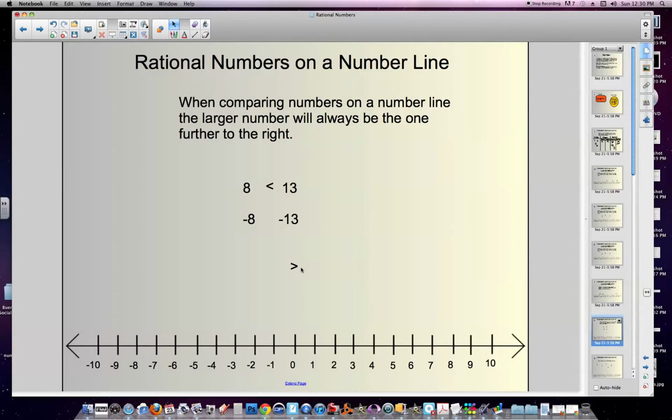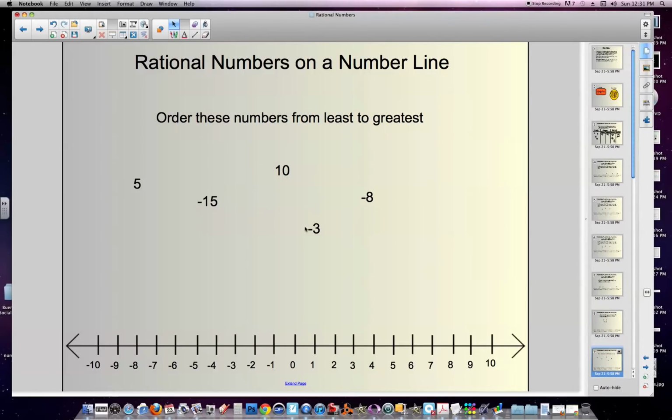However, with negative numbers, the larger the number appears from 0, right? Negative 13 means 13 to the left of 0. The smaller it's going to be, right? Negative 13 is going to be way over here, while negative 8 is right here. And therefore, negative 8 is actually a larger number than negative 13 because it's further to the right than negative 13.